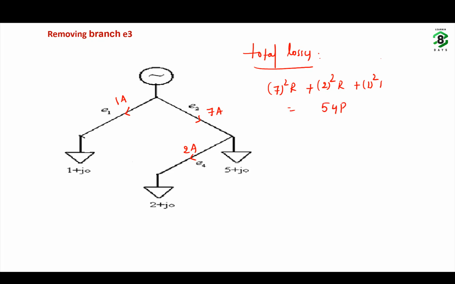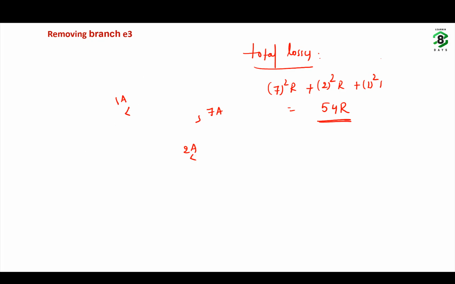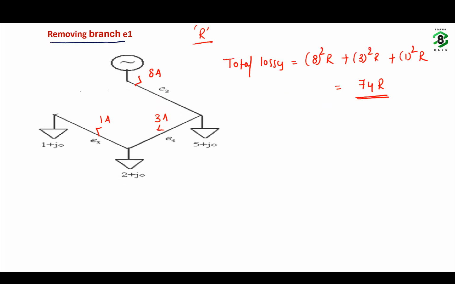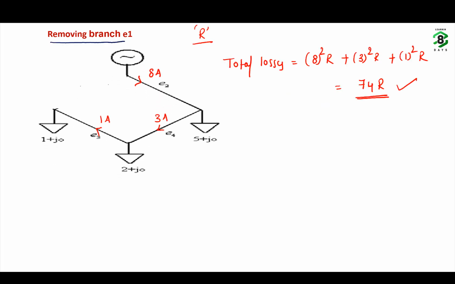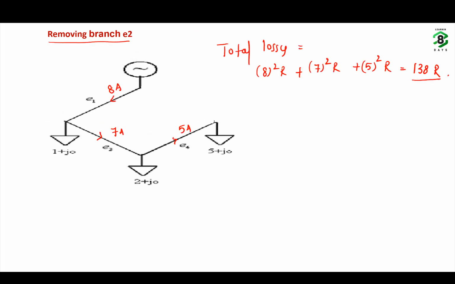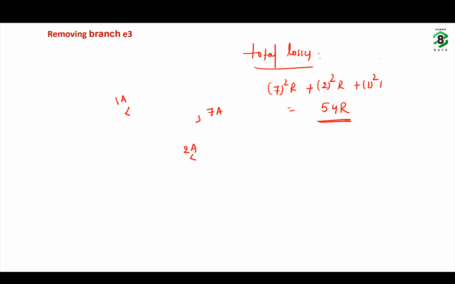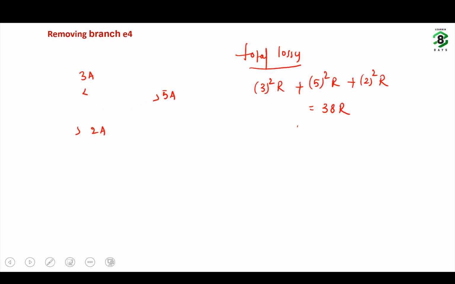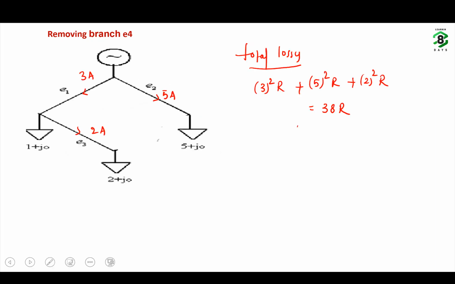So if you compare the losses in each case, in the first case the losses are 74 R. In the second case, if you remove branch E2, the losses are 138 R. If you remove branch E3, the losses are 54 R. If you remove branch E4, the losses are 38 R. So which is the best configuration?